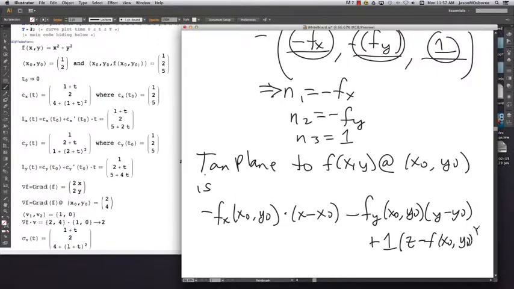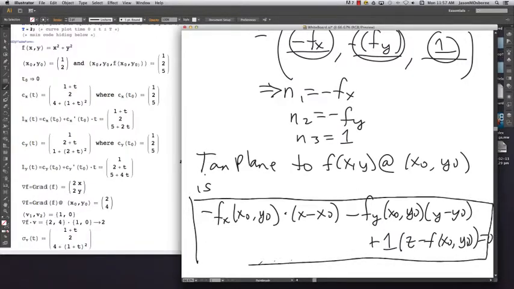There's your z naught entry. Set that equal to 0, and there is the equation of your tangent plane.